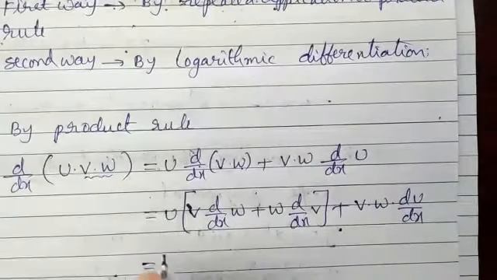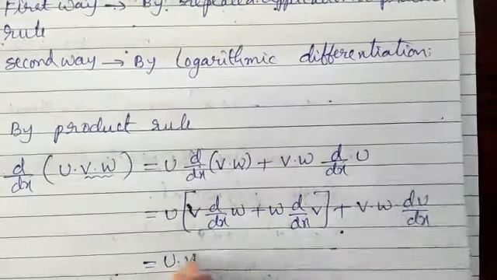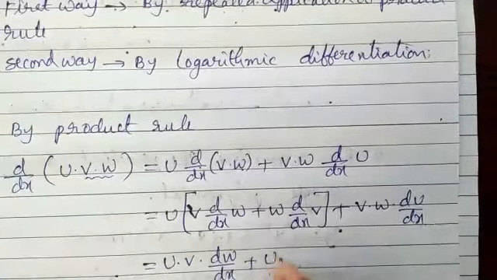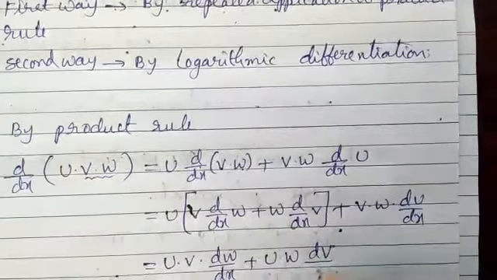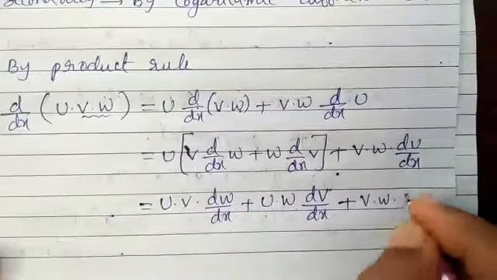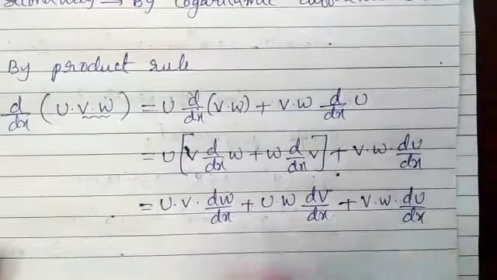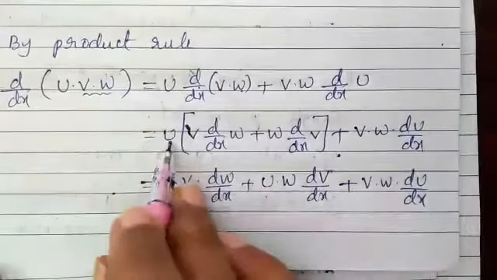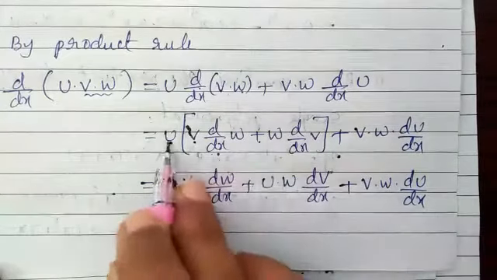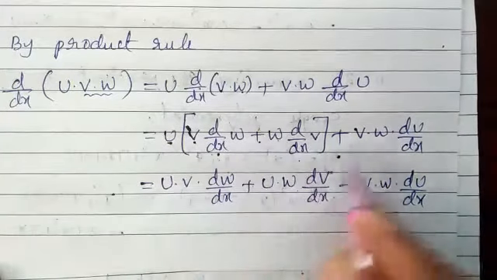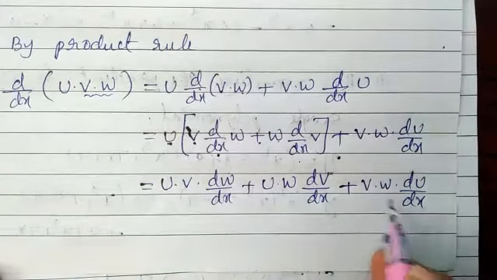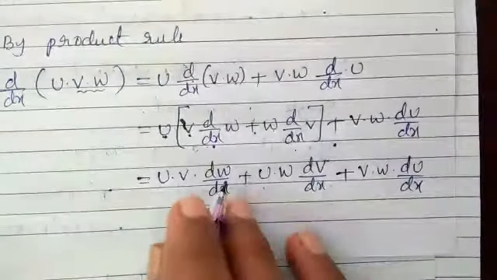Clearly, u into v into dw by dx plus u into w into dv by dx plus v into w into du by dx. Observe it. Like that we expanded. Clearly write in this format.